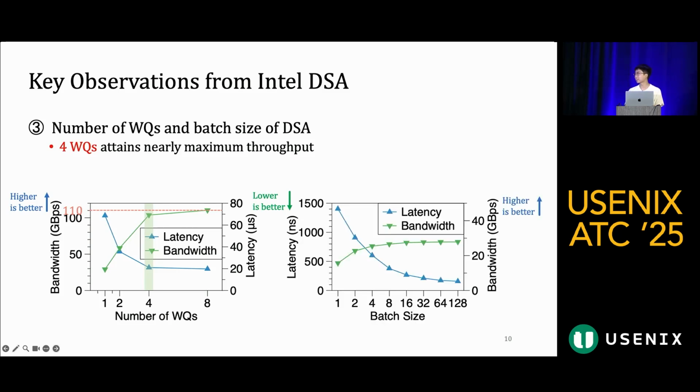Similarly, we fixed the transfer size at 4 kilobytes, used only 1 work queue, and varied the batch size. The average copy latency for 4 kilobyte transfers decreased steadily, and the overall bandwidth increased accordingly. We found that a batch size of 8 achieves close to peak throughput.